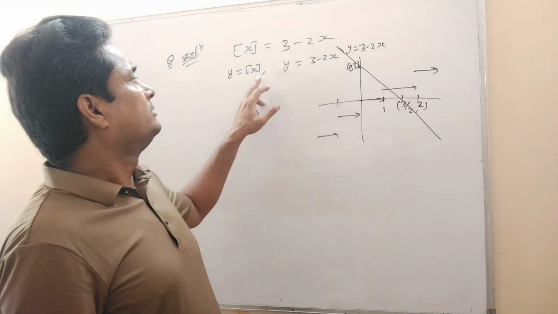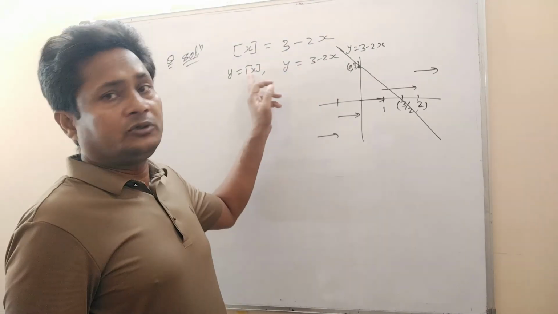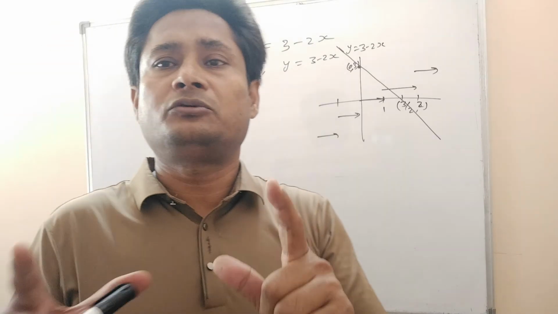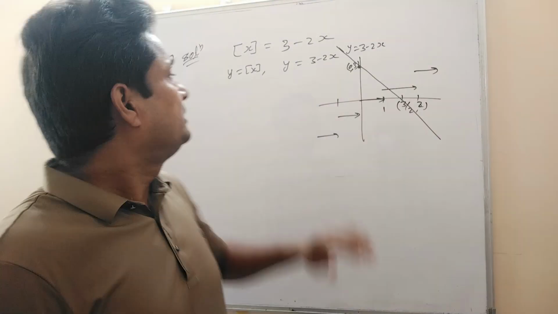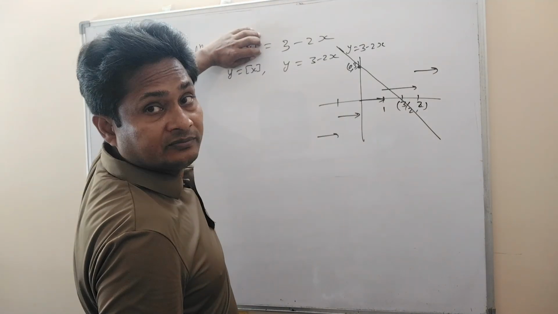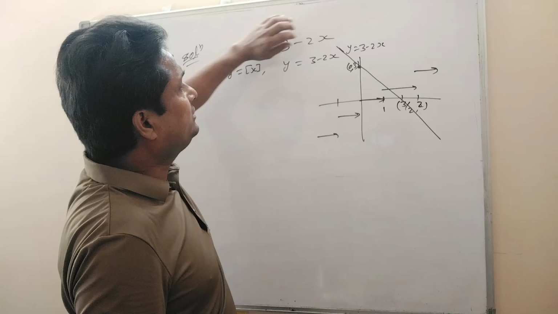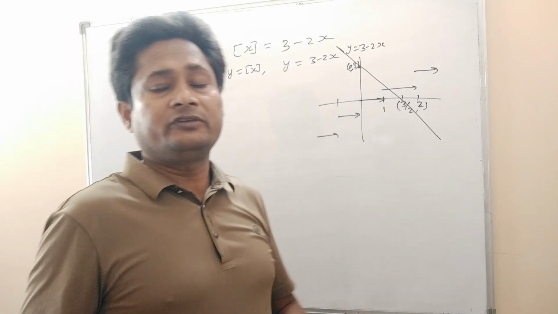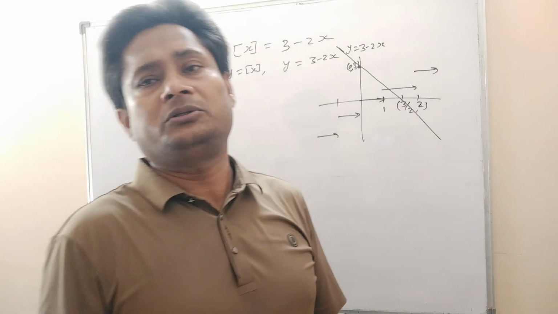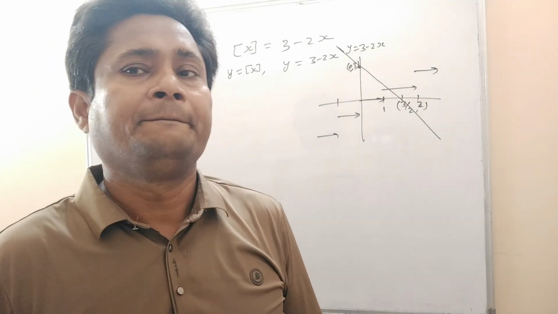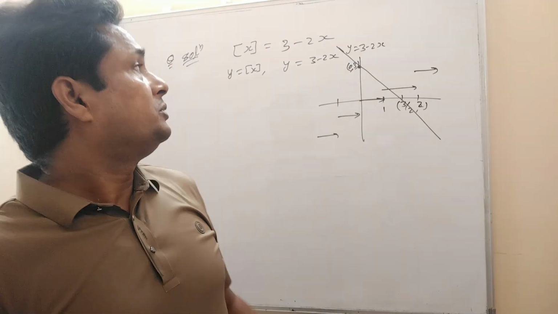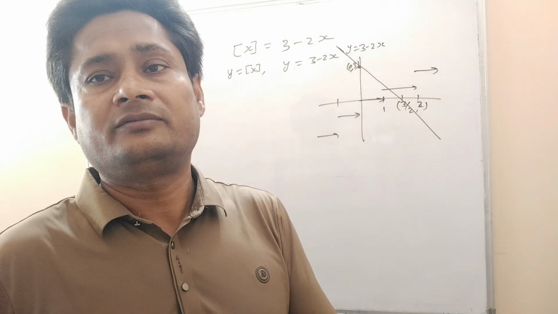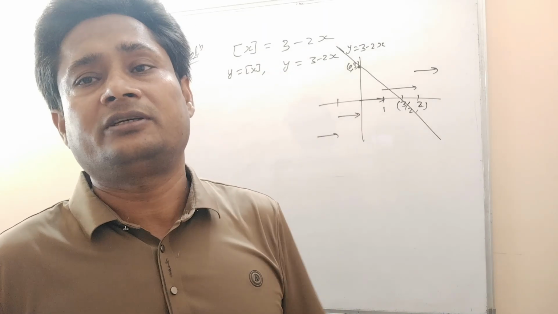That means we want to solve both these graphs, the solution of the two graphs. If this is one expression and this is another expression, and we want to equalize both, that means we want to find the solution of both the expressions by equating. So both graphs will have a solution where they intersect each other.